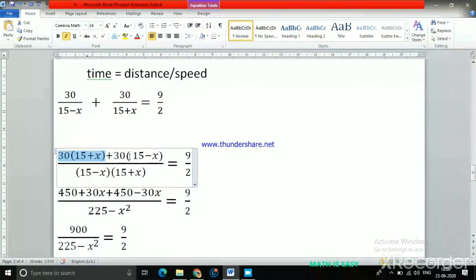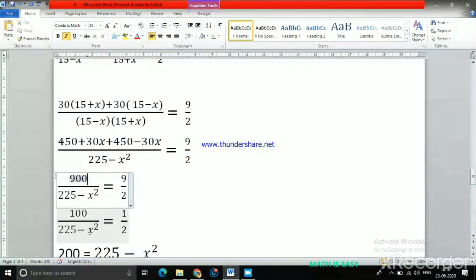Then 30 into 15 is again 450, and 30 into minus x is minus 30x. Now plus 30x and minus 30x will both get cancelled. So 450 plus 450 is 900 upon 225 minus x square equals 9 upon 2.